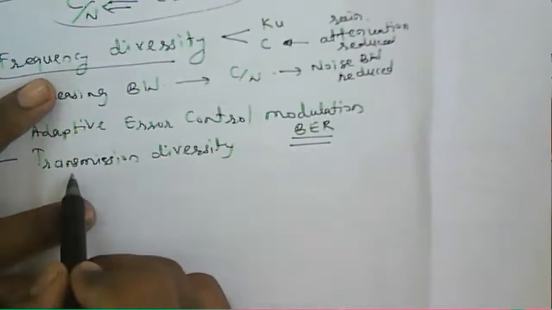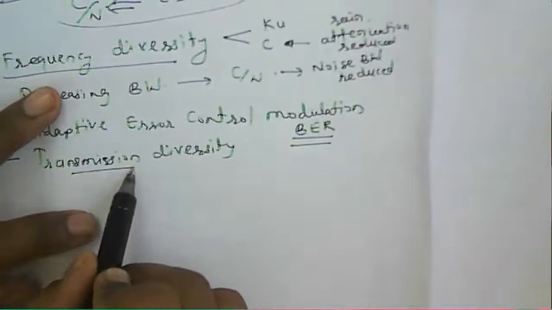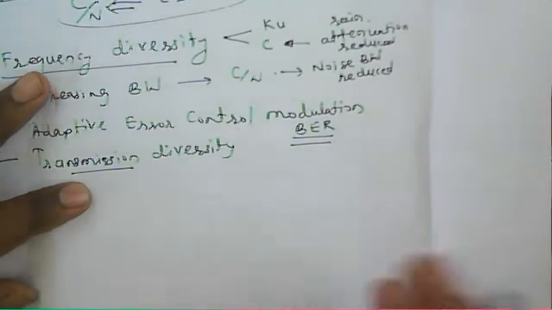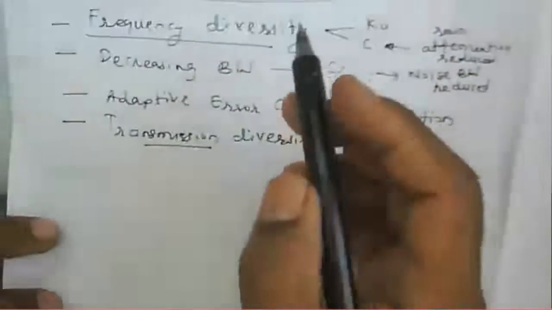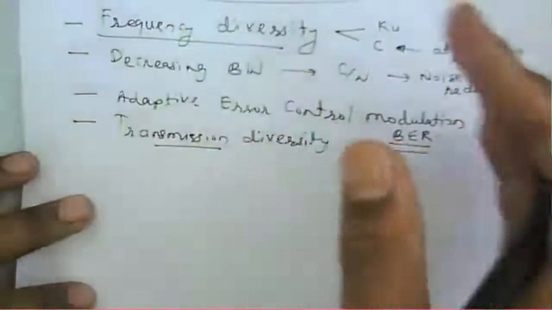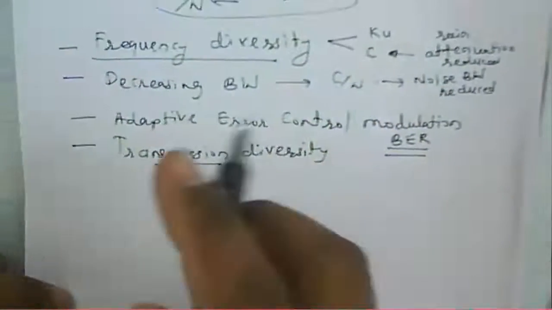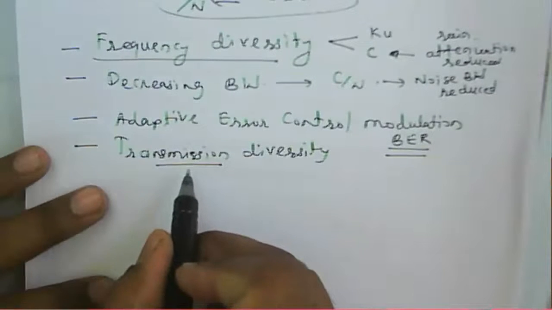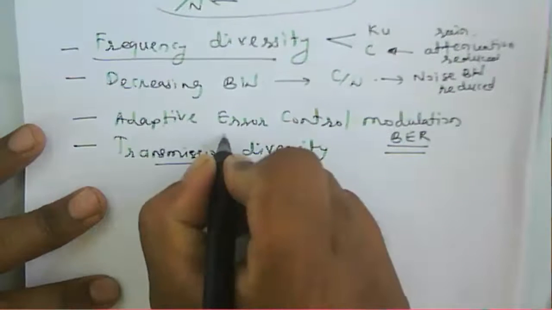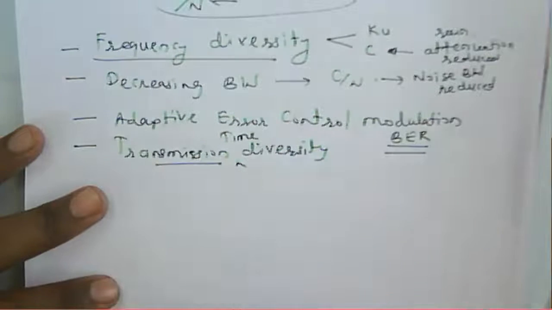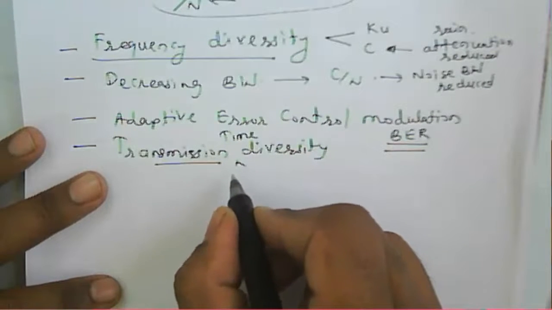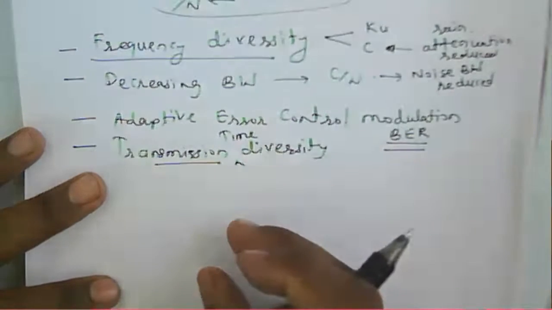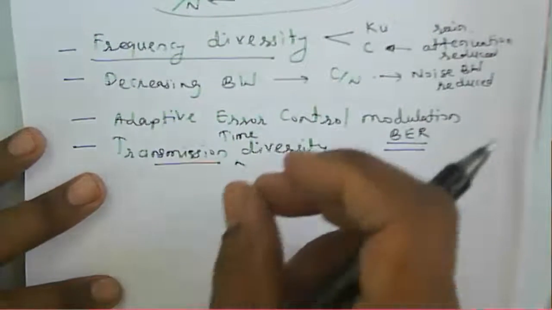That is called transmission time diversity. Whenever there is no attenuation in that particular region, a simple example being that there is no rain, then we transmit. That is nothing but transmission time diversity. We can only transmit at a given particular time or under that particular condition.